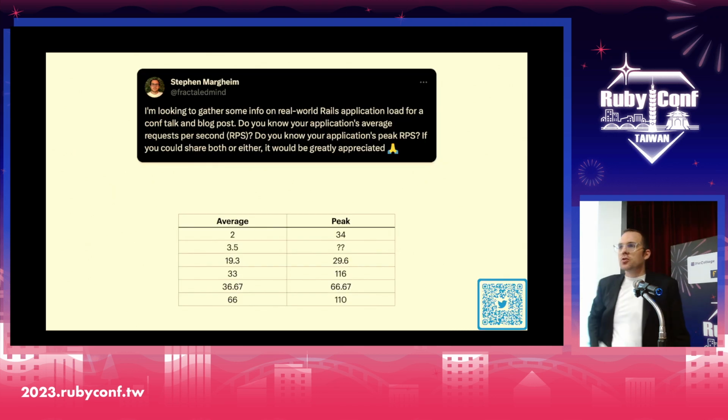I asked on Twitter earlier this week, just for some anecdotal information, people running production Rails applications. What are your requests per second? Here's a table, the 6 responses. Now, is this setup able to handle the 3 busiest applications here?